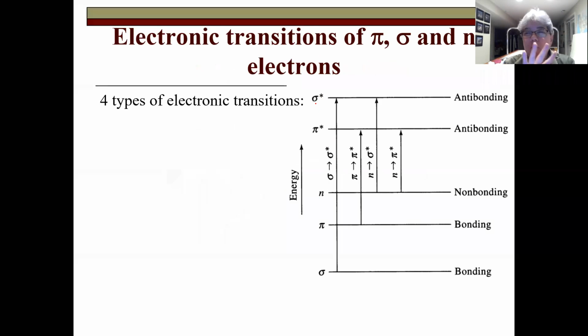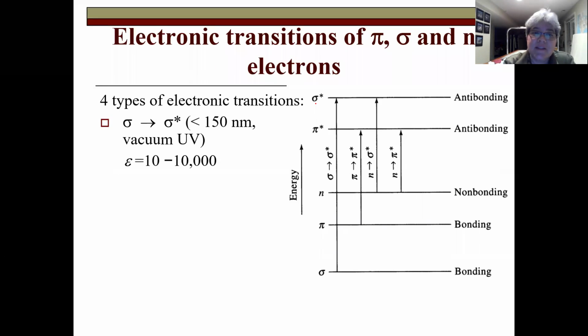So there are 4 kinds of transitions that we talk about in the UV vis. The first is the sigma to sigma star, and notice these have a lot of energy, which means very short wavelengths. Their molar absorptivities can be fairly small to quite large numbers.